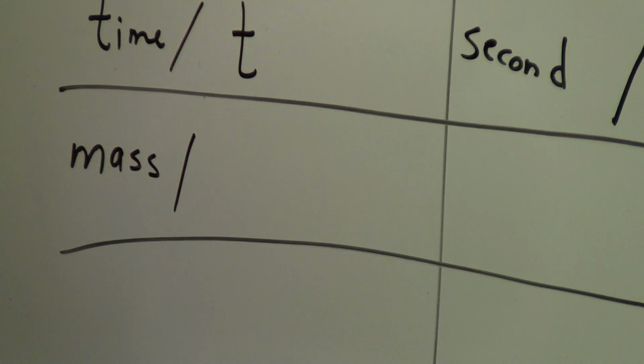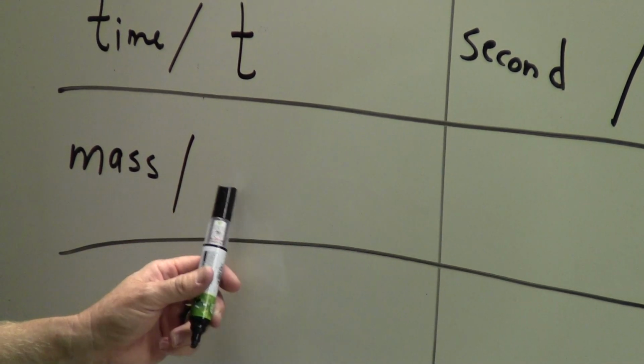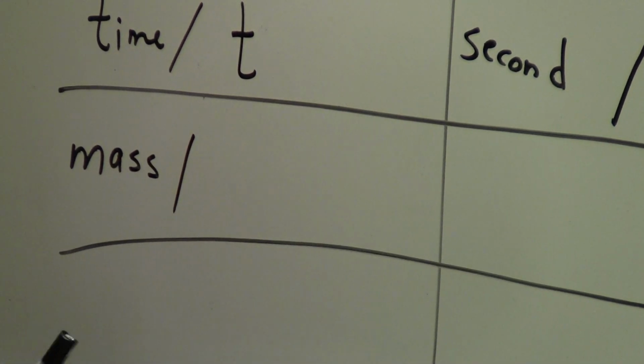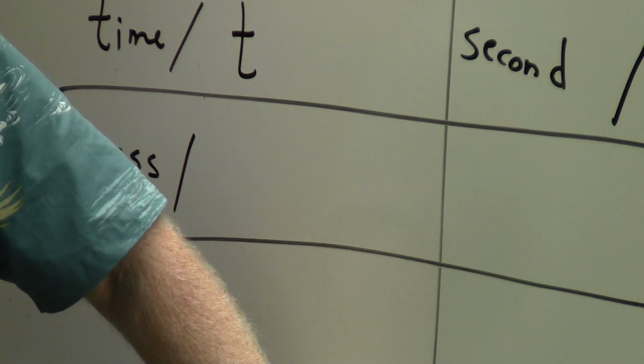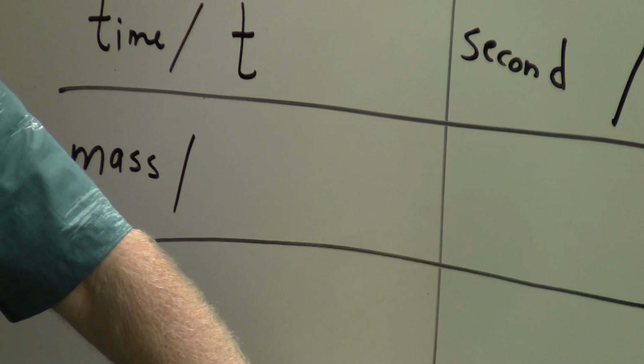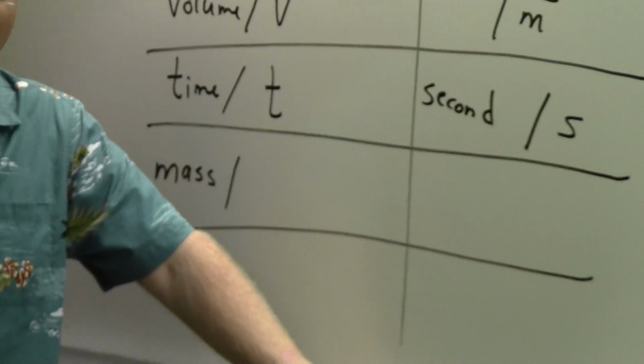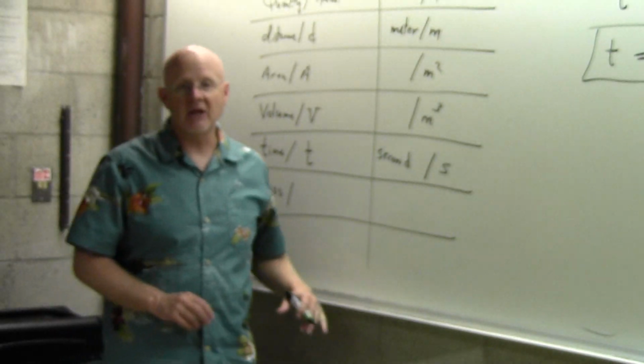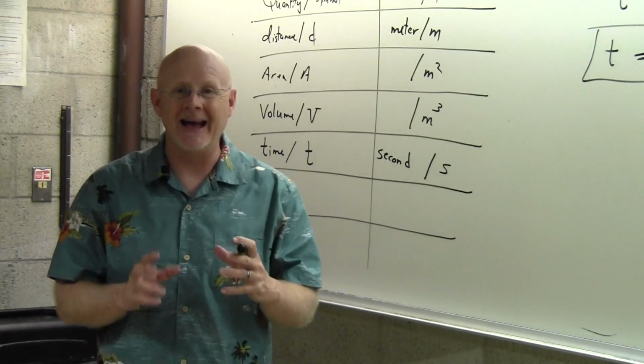But here's a really good question for you. What symbol should I use? This is where I really wish we were in a face-to-face class, because I usually pause here and ask, what symbol shall I use for mass?